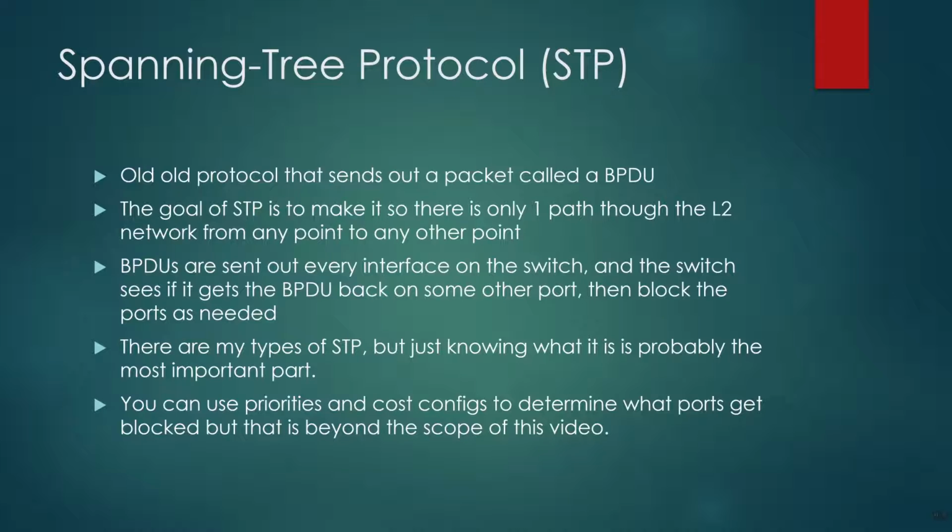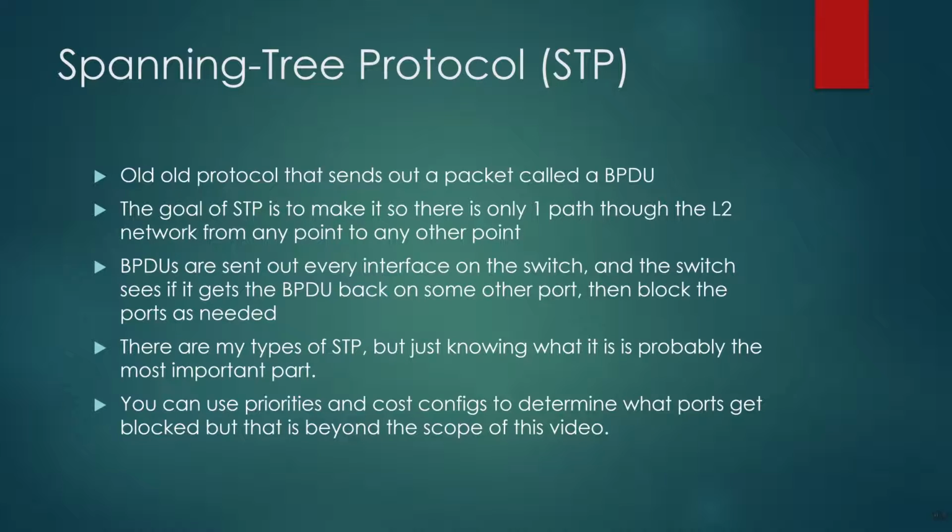If they come back to it on a different port than they were sent out, then there is a second path through the network, and that is bad. That would lead to a layer 2 loop by default.